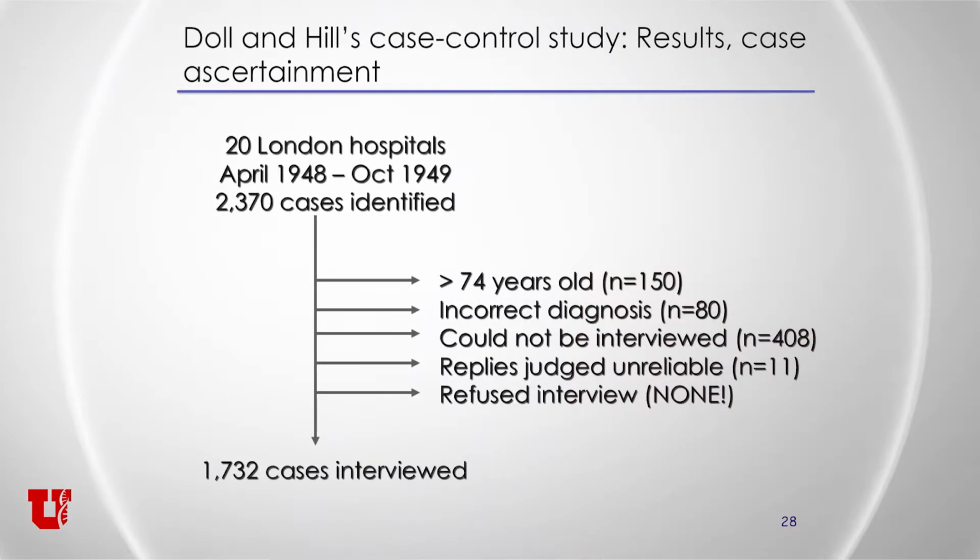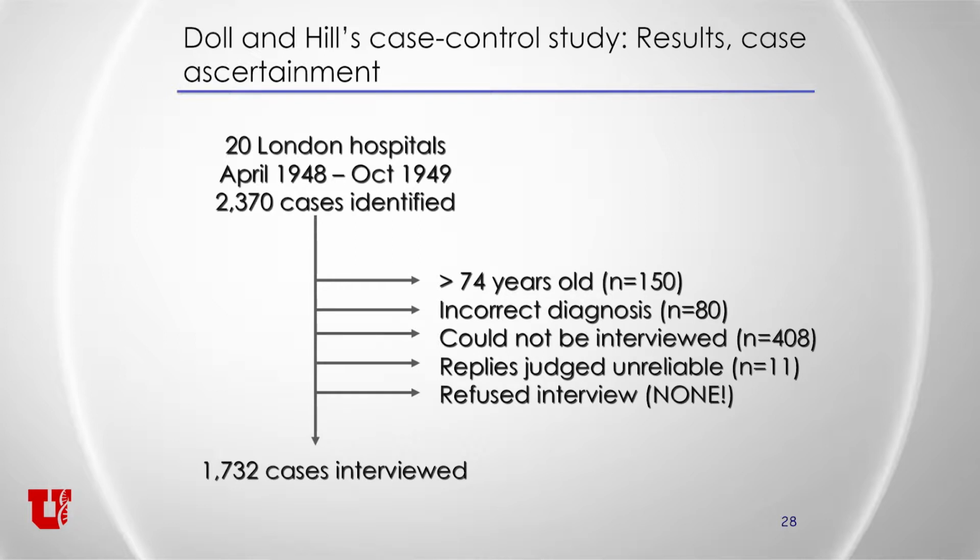So the results of their study, they first of all describe, of course, the patient population that they actually studied. They said that in these 20 London hospitals, 2,370 cases were identified. A few were excluded from the study because they were more than 74 years old, because the diagnosis initially reported as making them eligible for the study turned out to be incorrect, they did not have lung cancer, or because they could not be interviewed.